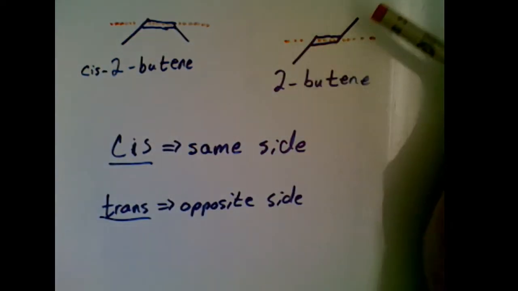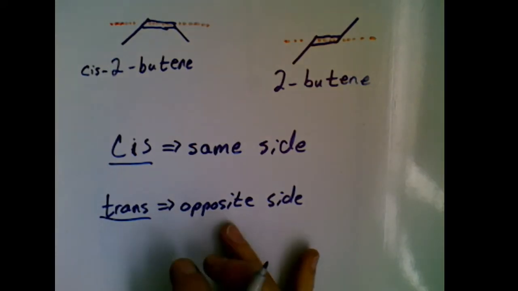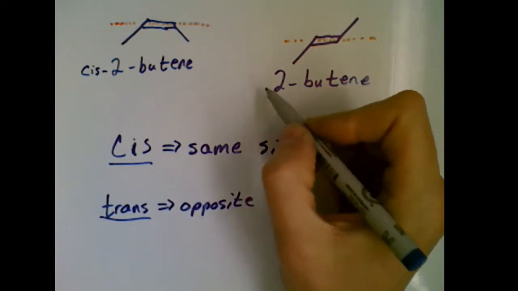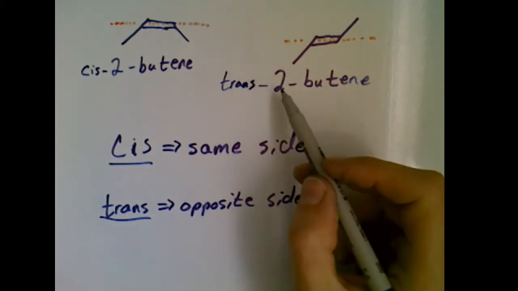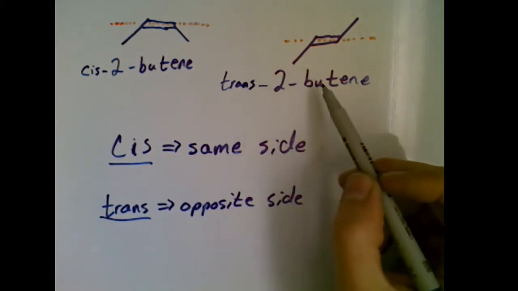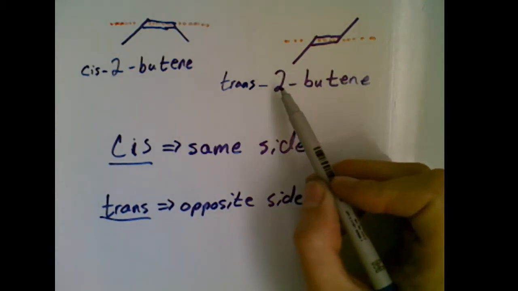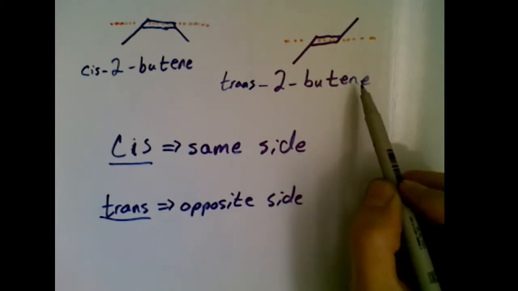That chain continues on opposite sides. What that means is this is a trans molecule, meaning that the carbon chain continues on opposite sides of the double bond. So this would be called trans-2-butene, meaning we have a 4-carbon molecule with a double bond in the 2 position. The carbon chain continues on opposite sides of the double bond.